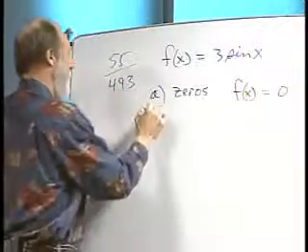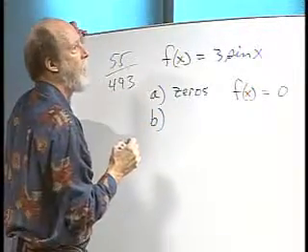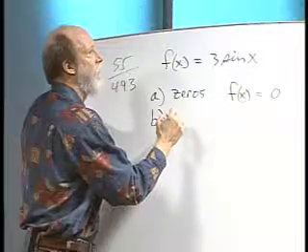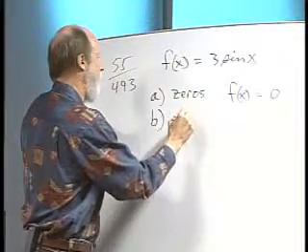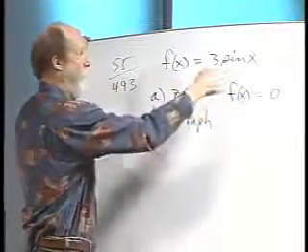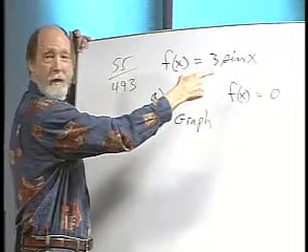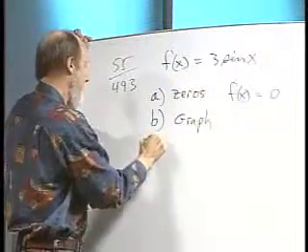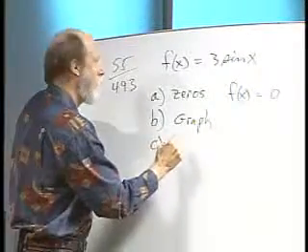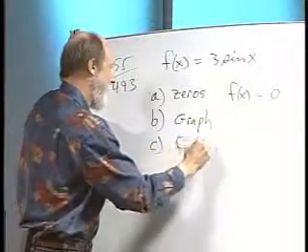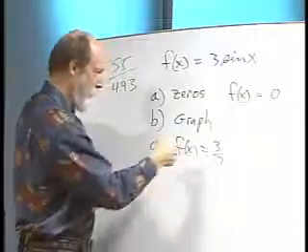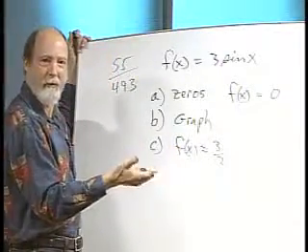The second thing they ask for is to graph it, and at this point that should be elementary to you. You should be able to do that one in your sleep, I hope. And part C is solve the equation f of x equals 3.5. Now this is where people were having some difficulty.